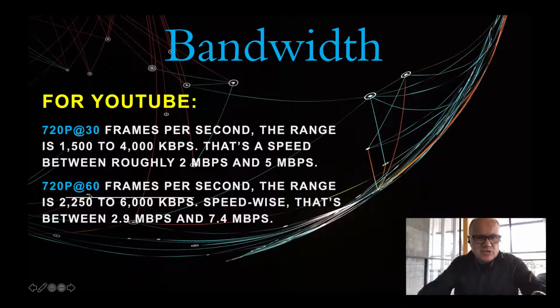The range is between 2250 to 6000 kilobits per second, which means you're going to need between 2.9 megabits per second and 7.4 megabits per second. You remember that the other one was only 6 megabits per second. YouTube jumps it up and adds probably another 1.4 megabits per second.